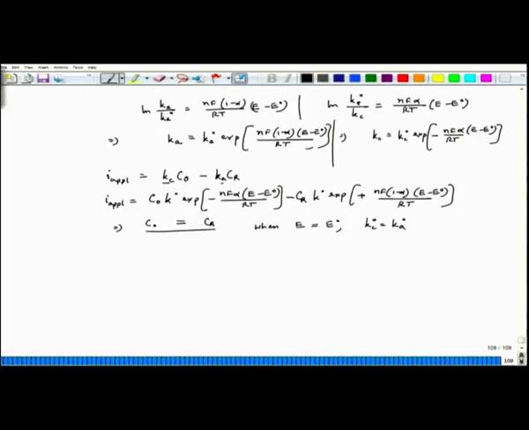Now, this is nothing but the Butler-Volmer equation. This equation is called the Butler-Volmer equation.